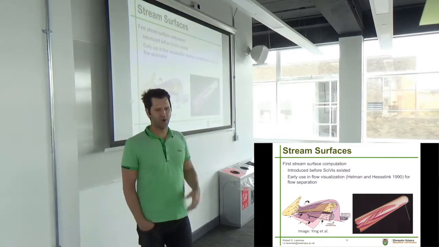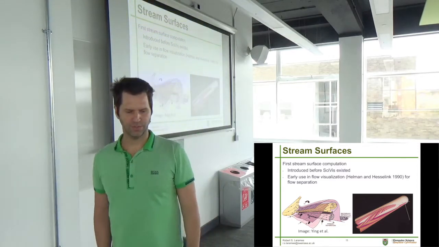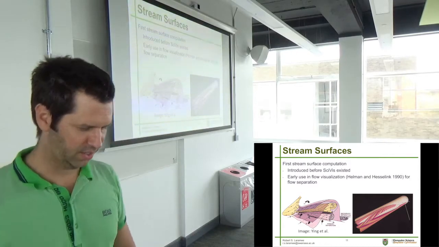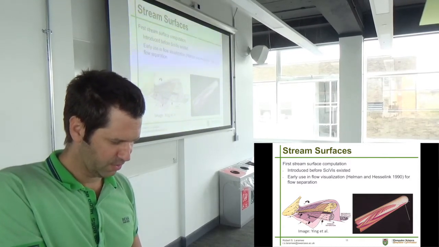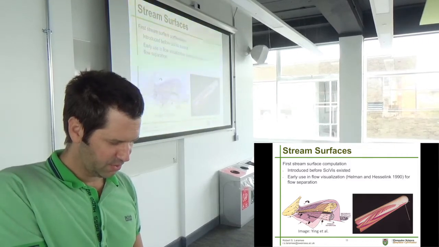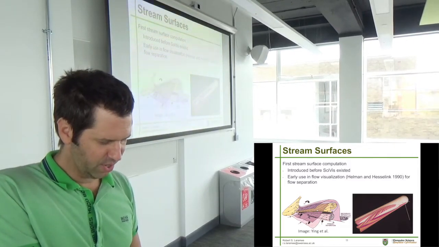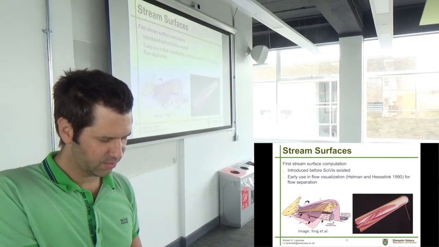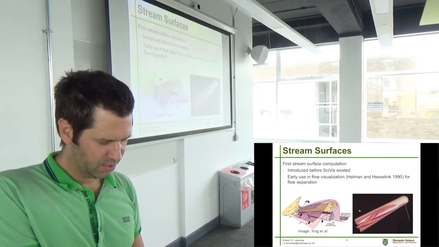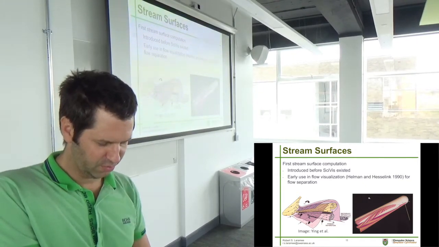And then they were brought into the world of data visualization around the year 1990-ish. So this is a hand-drawn stream surface. It's not that easy to understand. It would be easier to understand if we could rotate this image. This is a computer-generated stream surface.